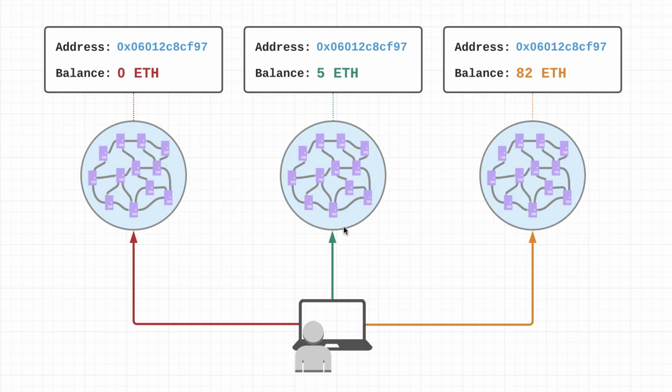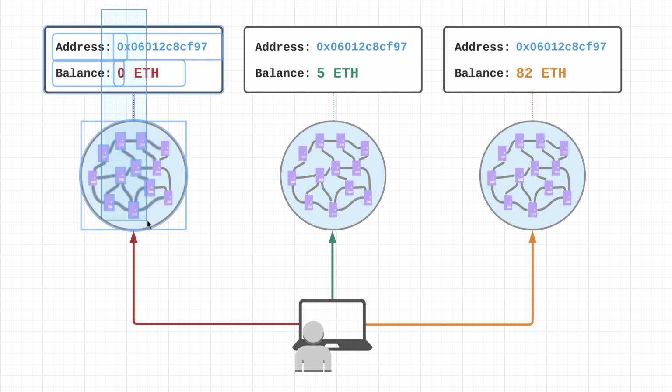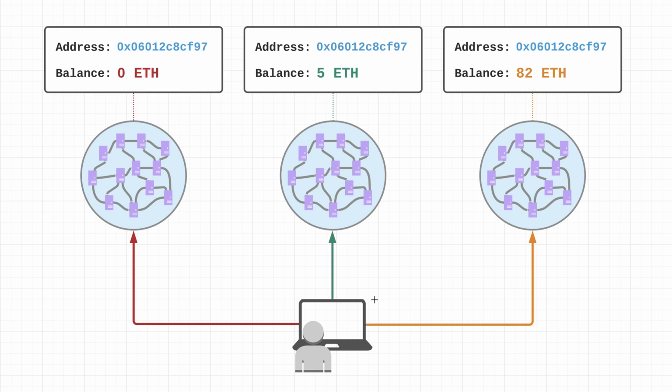Check this out. Whenever you have an Ethereum account, it's basically just a record on that network. The record can have different assets depending on which network it's on. For example, let's say this was the main Ethereum network. For my account, even now, I have 0 Ethereum on the main network.